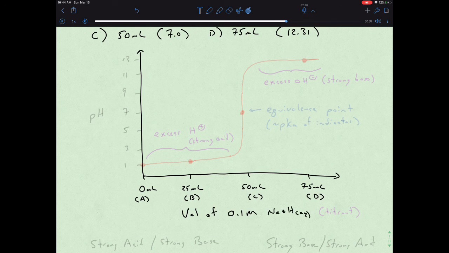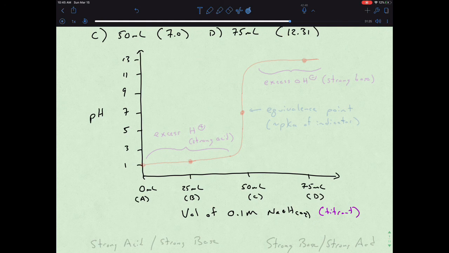Remember, the sodium hydroxide is that titrant. It's always changing its volume as we do the titration. And then in our y-axis, we have our pH. And so we're just looking at those data points to plot them on the graph.